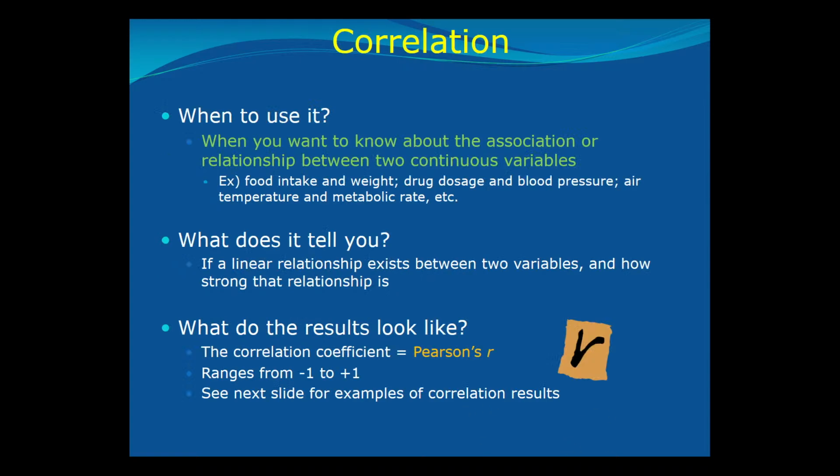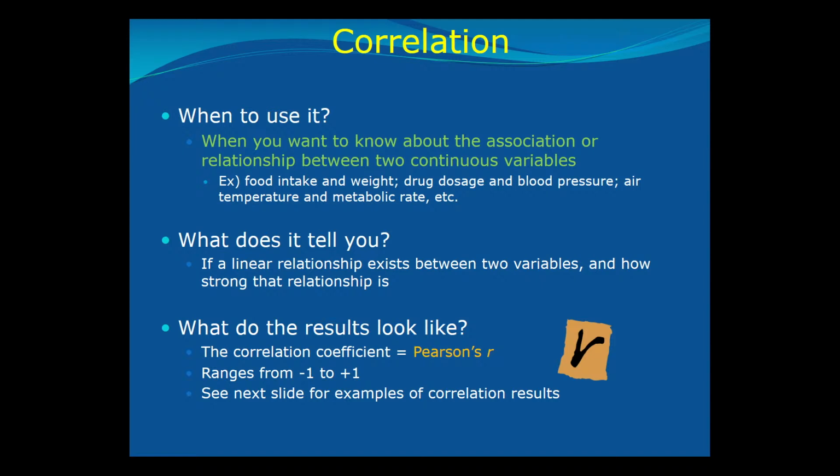Correlation. What is correlation? How to use correlation? When do we need to use correlation? If we want to know about the association or relationship between two continuous variables, we should use correlation. We should apply correlation analysis.